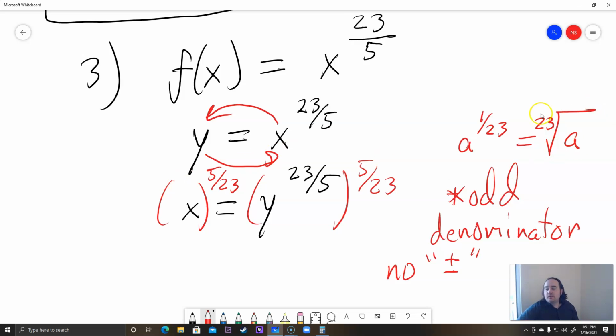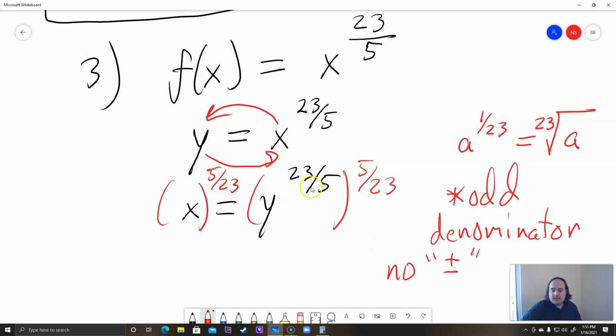And because 23 is an odd number, that's an odd radical, we don't need a plus minus. Okay? So because we don't need a plus minus, we can literally just raise each side to the 5 over 23, the fifth power over 23.